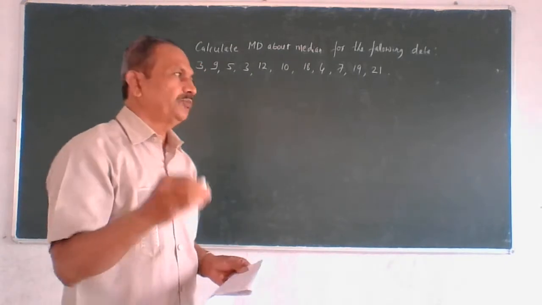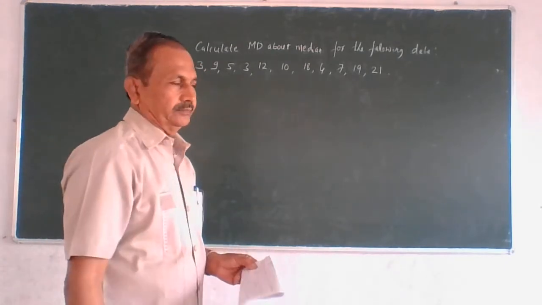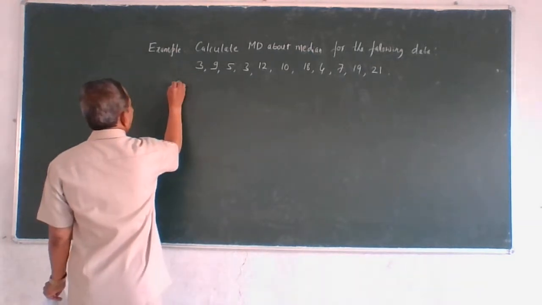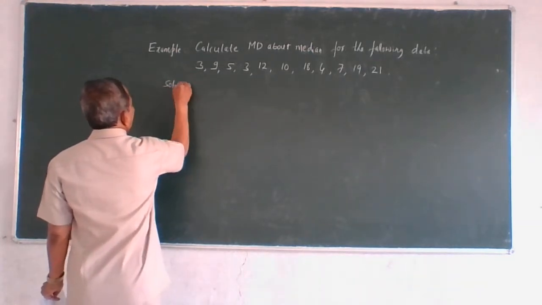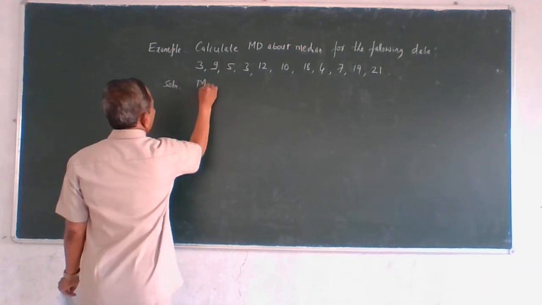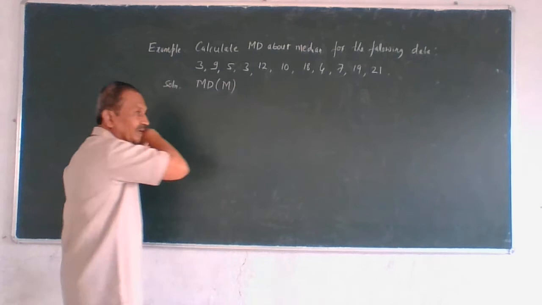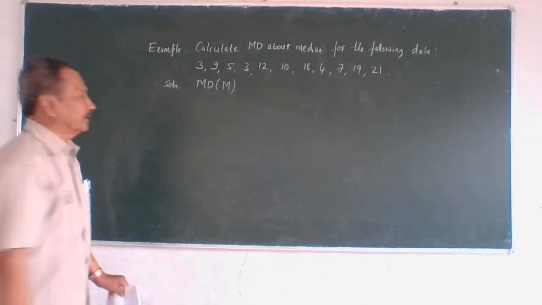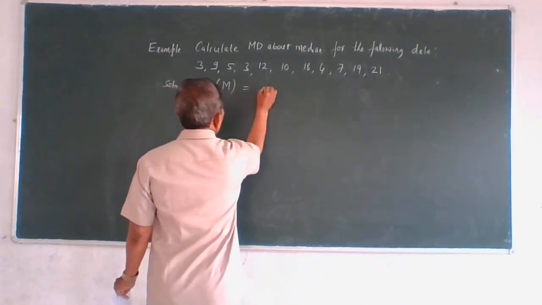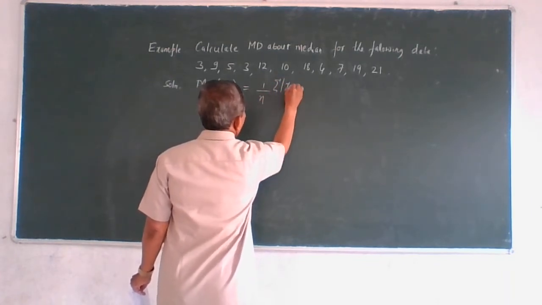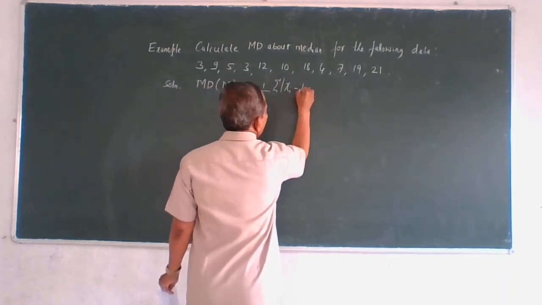Now calculate the mean deviation about the median. So first write down the formula. Here we require the median. Mean deviation about the median is equal to 1 by n summation modulus of xi minus a.